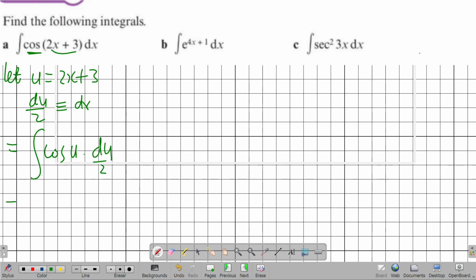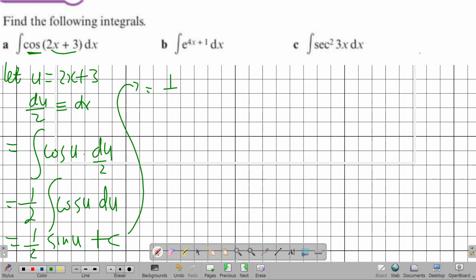For simplicity, this 2 should go outside the bracket. So we are just integrating cos u in terms of u. And we know this is just half sine u plus c. Converting it back to x gives us the answer as 1 over 2 sine of 2x plus 3, plus c.